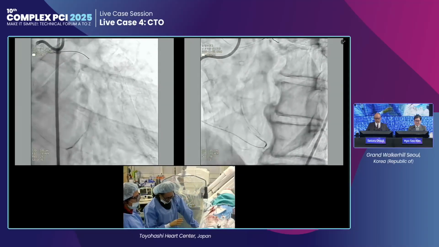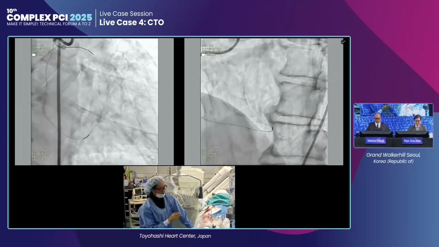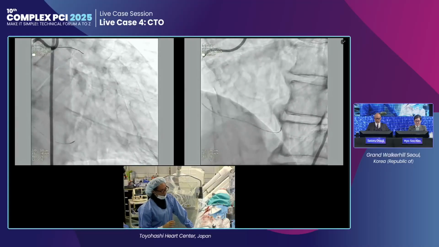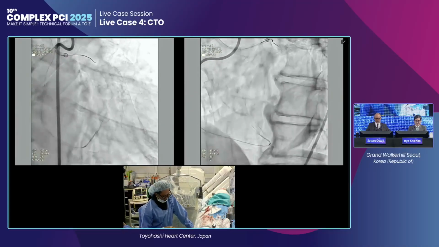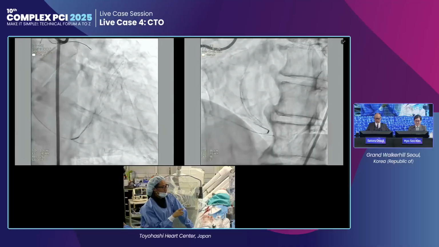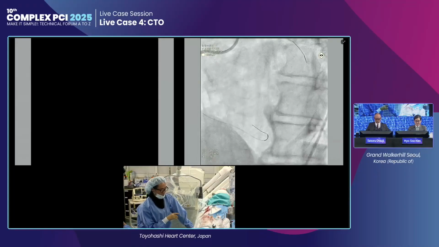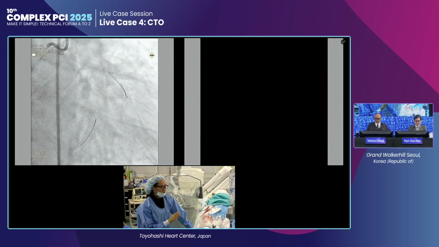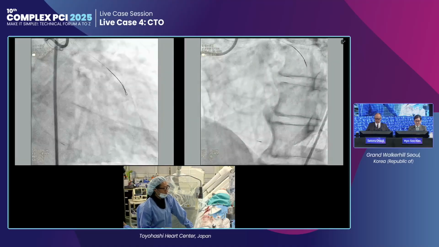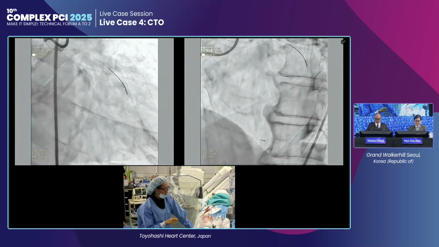There are many collateral channels by the angiography. However, those are very difficult to negotiate, unfortunately. This channel I used first failed, so quickly I changed to the distal one.